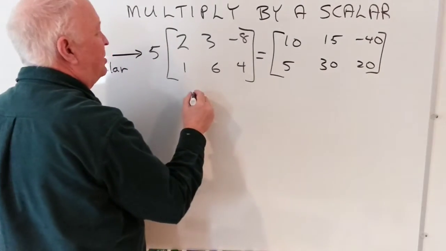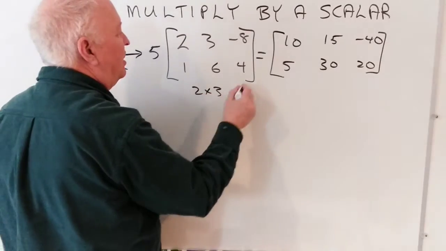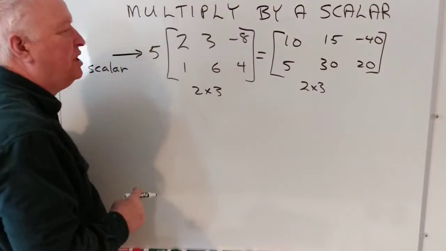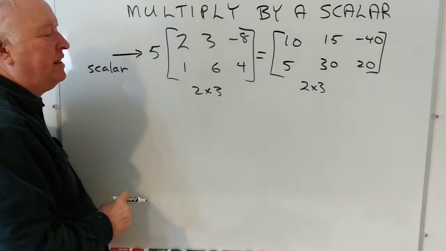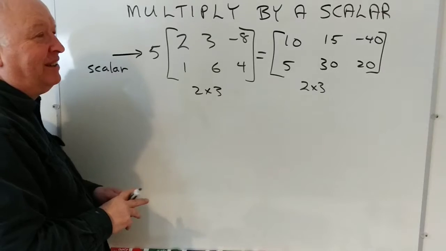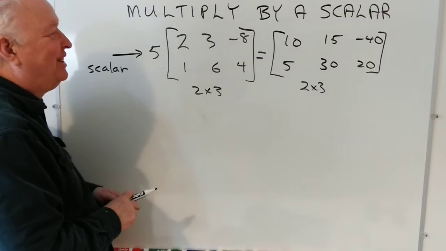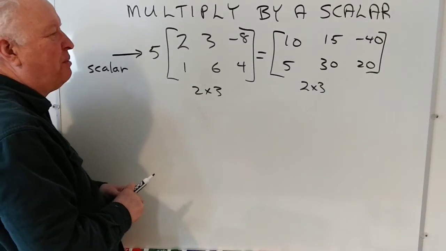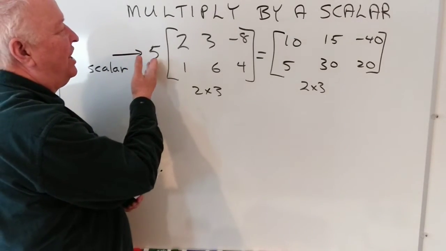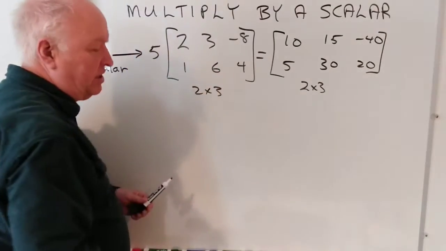This is 2 by 3, and so this one will also be 2 by 3, but now each number has been multiplied by 5. It's similar to a giant distributive property where we've had parentheses in the past, but now we're using it to multiply a scalar times a matrix.